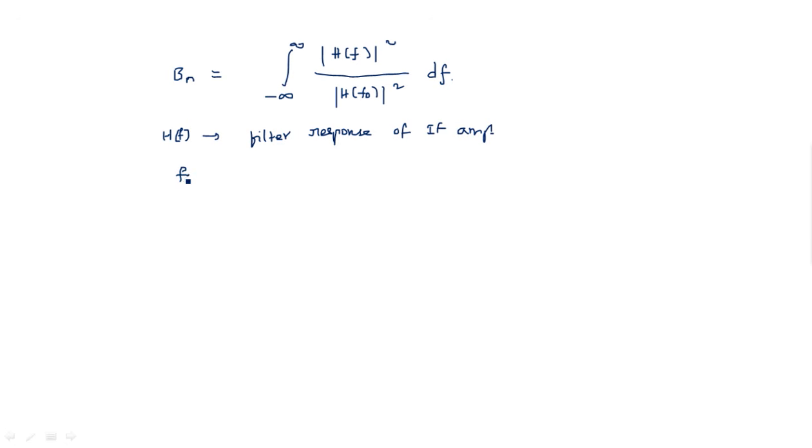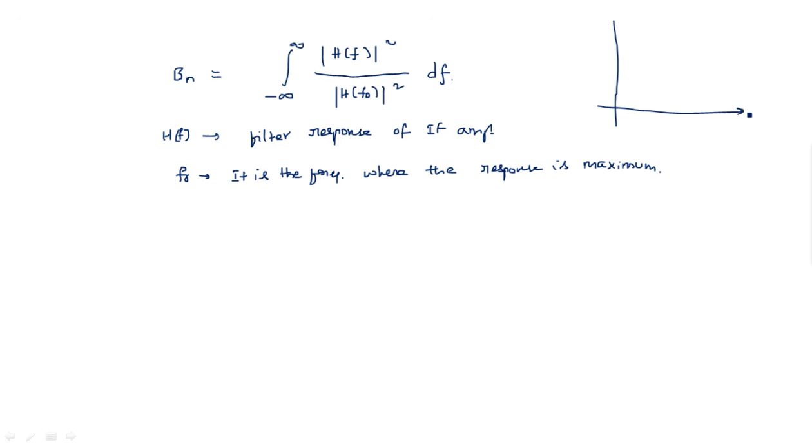And f naught is the frequency where the response is maximum. Suppose I am having a frequency response like this. I am drawing the IF amplifier frequency response now.